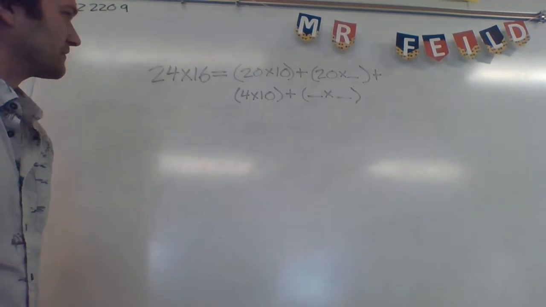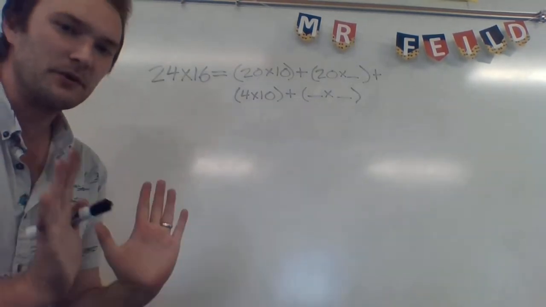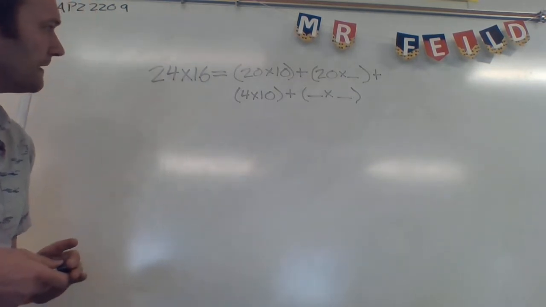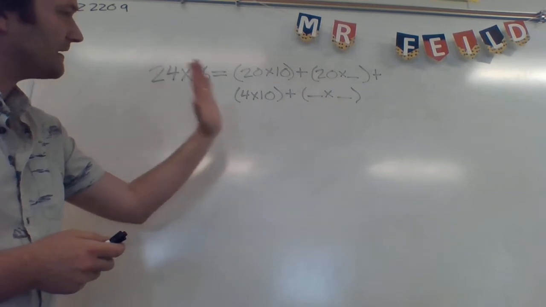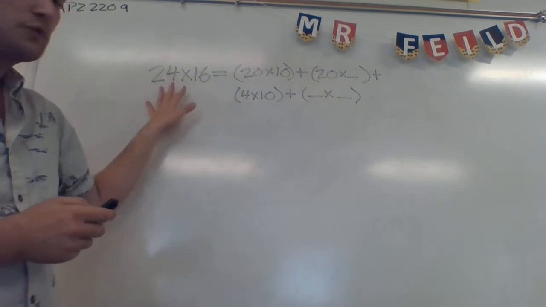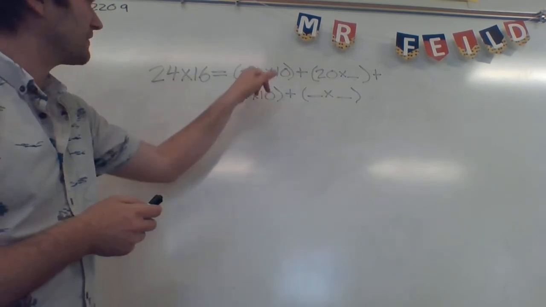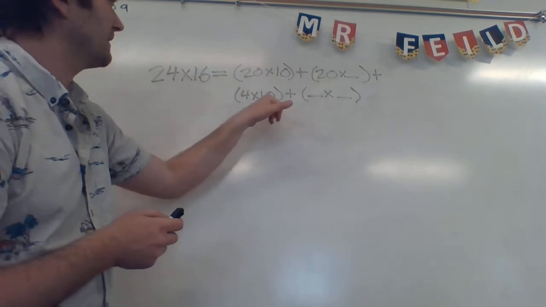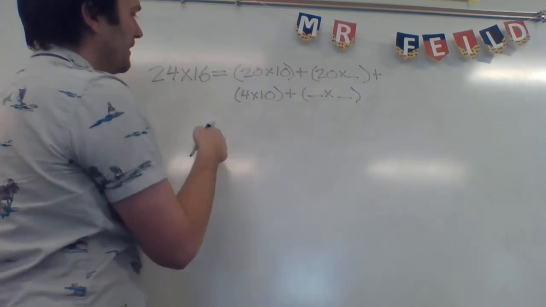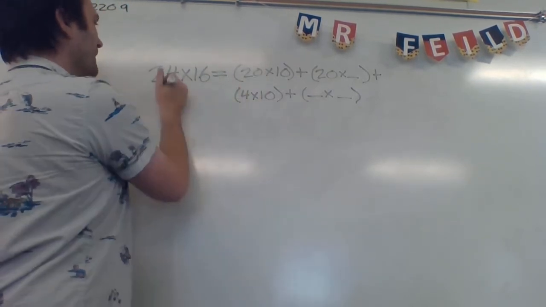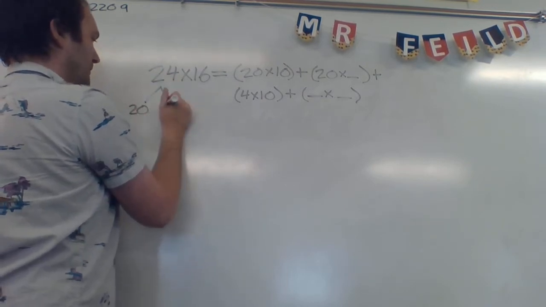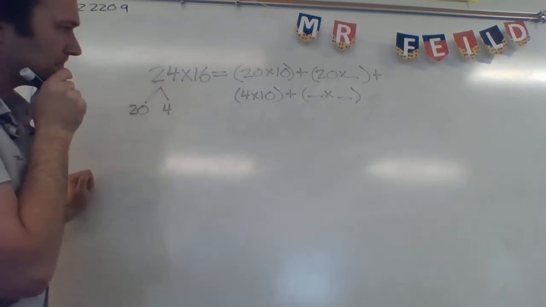Now, some of you are going to try and start solving those equations right away, but before we do any arithmetic, before we do any solving, I want to make some observations first. I'm noticing as I'm looking at these two sides of my equal sign that 24 times 16, or 24 groups of 16, and I'm noticing 20 times 10, 4 times 10, 20 times blank, and I'm noticing these two numbers right here, 20 and 4, well, 24 could be seen as 20 and 4.